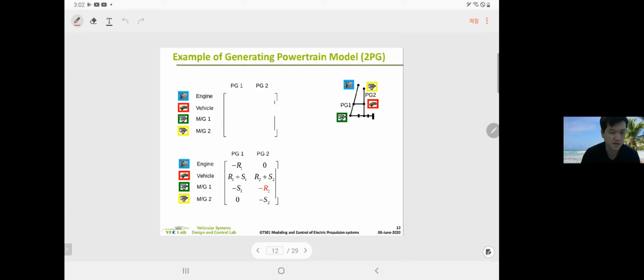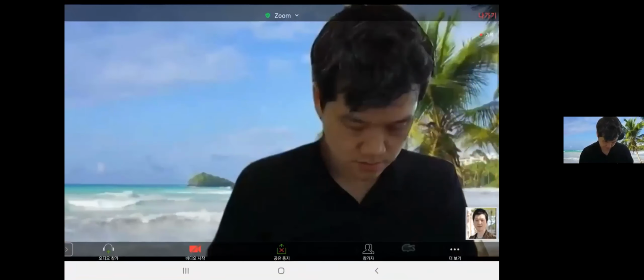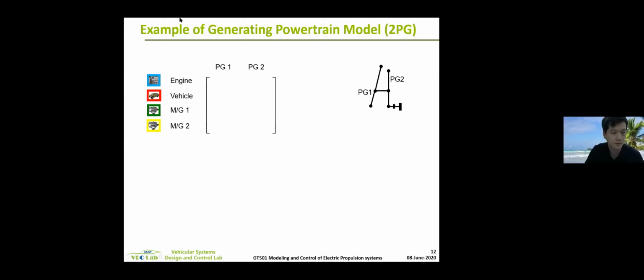This needs to be PPT. This has some animation. I couldn't play this in my tablet. So let's start with this example, okay?